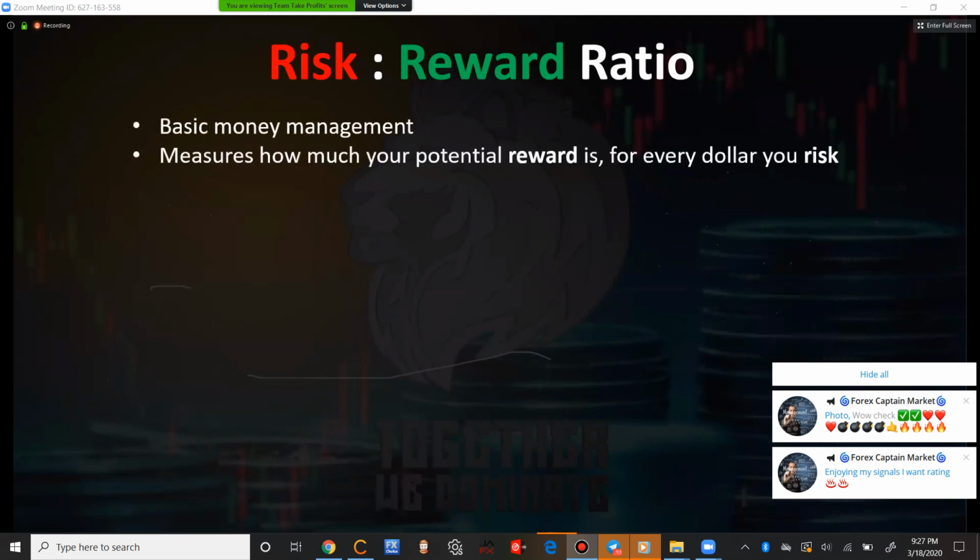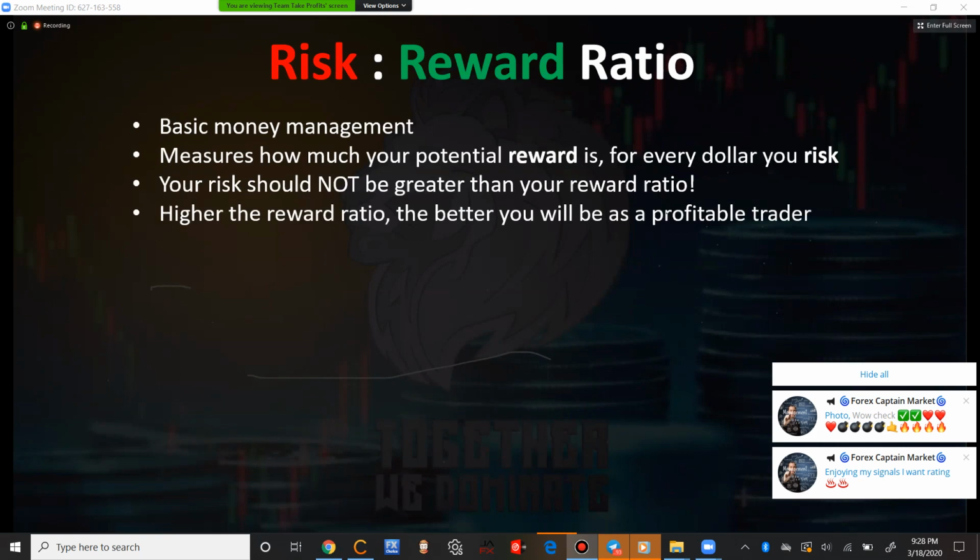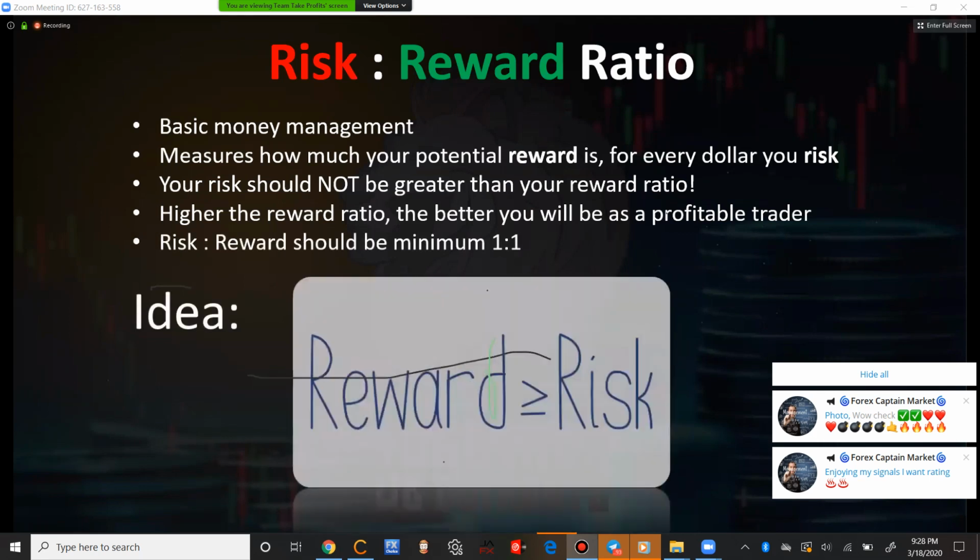Basic money management is measuring your potential reward and your risk for every dollar you put in. So in general, your risk should not be greater than your reward, for the most part. The higher the reward, the better off you'll be as a profitable trader. So your reward should always be greater than your risk.